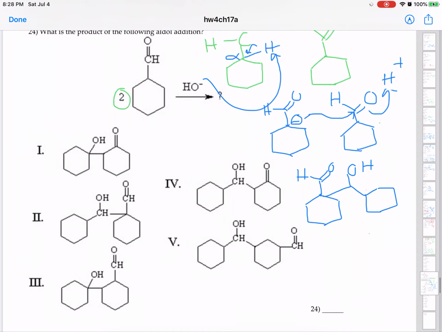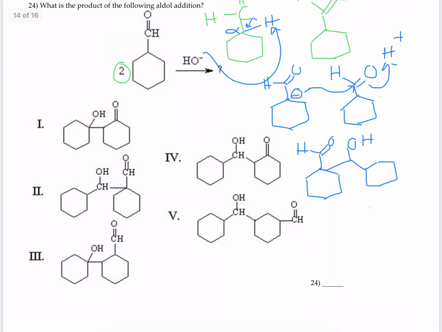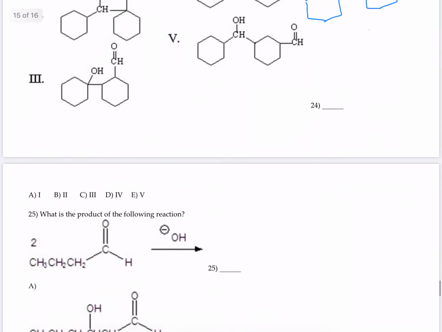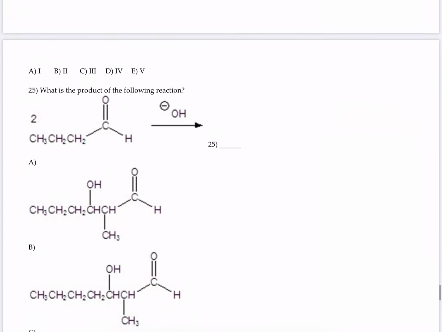Did you figure out which one is the correct structure? Okay, I see which one is the correct one. So you can refer to which is the correct one by looking at the product that I have drawn. Okay, that's there. And then the next one, what is the product of the following reaction?